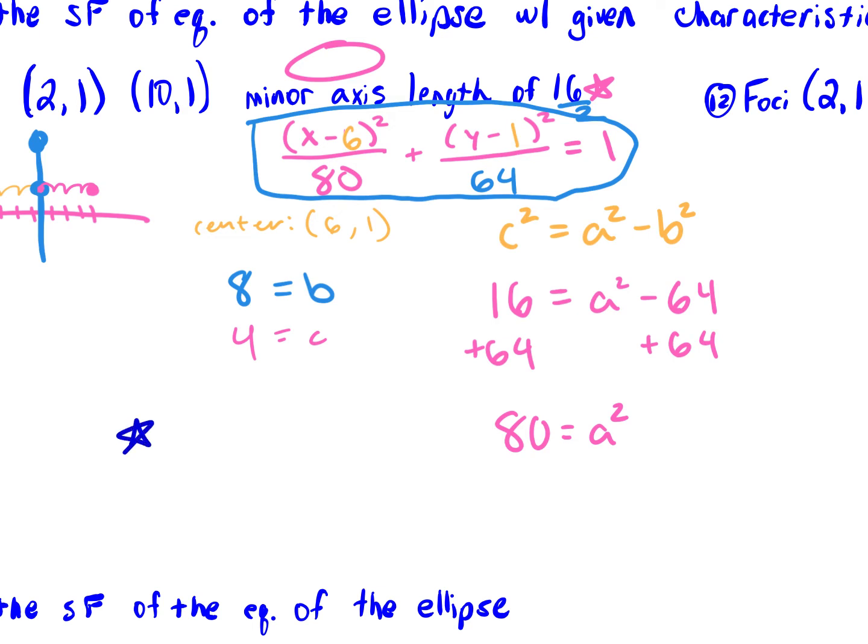So a couple things to remember. 2 times A is going to be the length of the major axis, and 2 times B is the length of the minor axis.